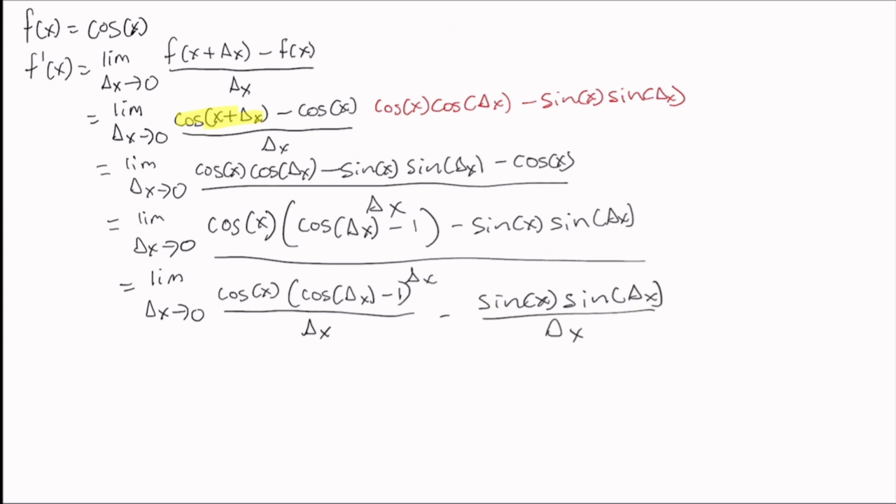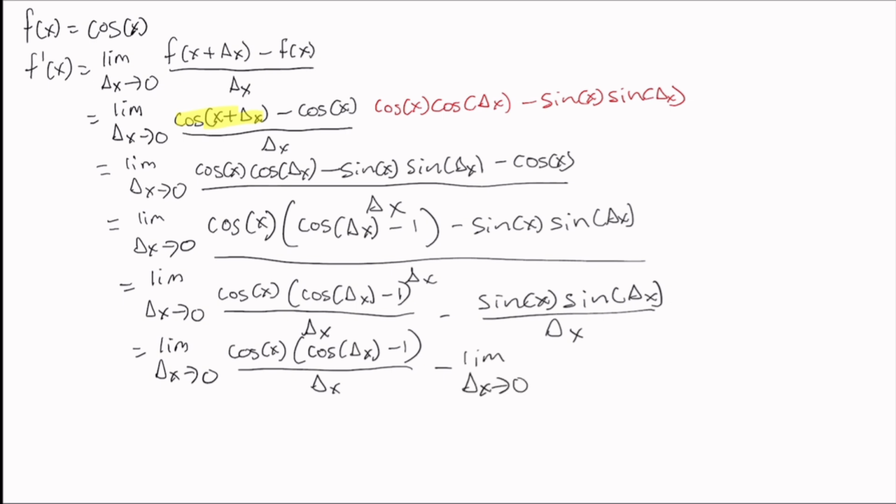So now we can just use our properties of limits. We can rewrite it as the limit as delta x approaches 0 of cosine of x times cosine of delta x minus 1 over delta x, minus the limit as delta x approaches 0 of sine of x times sine of delta x all over delta x.